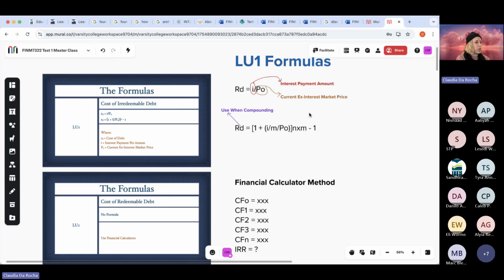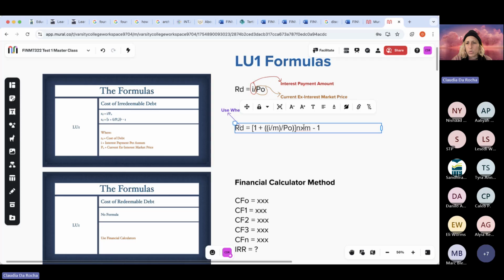All right, so to run through the formula, we basically have I plus I over M. I know it does look quite messy, but this is one part. And then you've got the PO, and then you've got the N times M, which should actually be quite small, or superscripted.